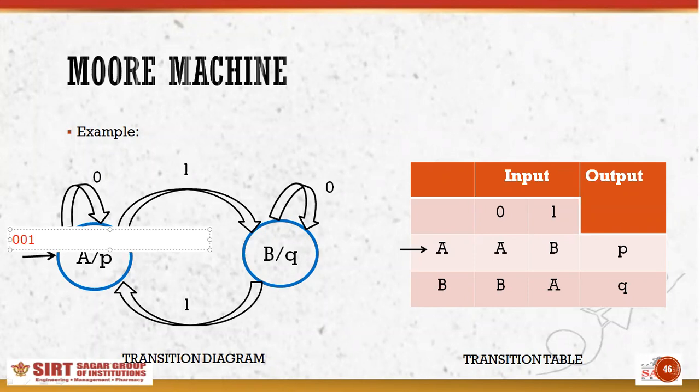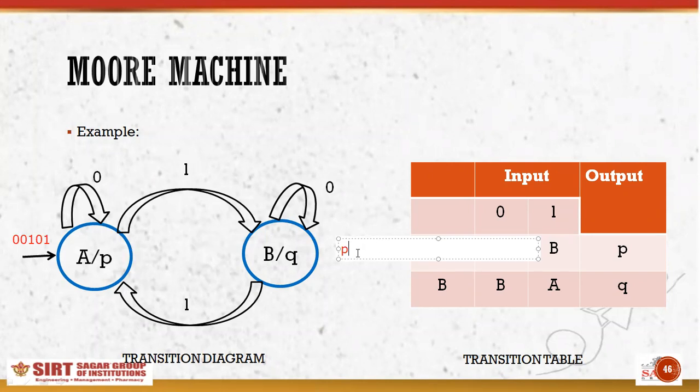Suppose you have given this string at input side to this Moore machine. What will happen? At first, our control will be at initial state, that is A. On reading first 0, we will reach state A again and will produce an output small p, because on reaching A, you are immediately generating an output small p.